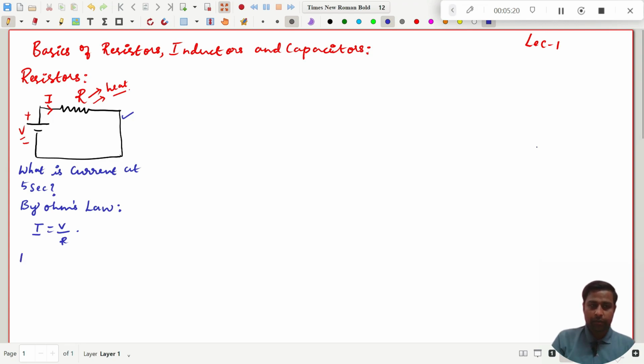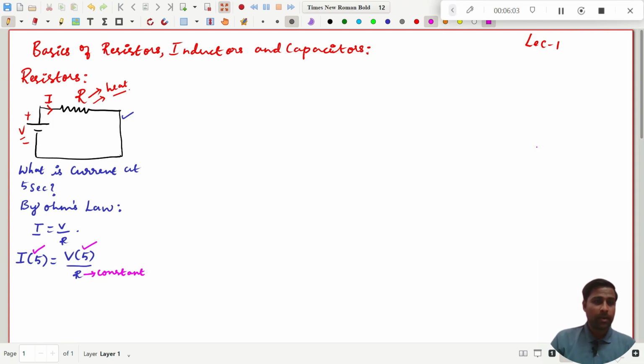Now I need to find the current at 5 seconds. I am writing the formula here: V at 5 seconds divided by R. This is the formula. And now my question is coming here. To find the current at 5 seconds, I have written the voltage at 5 seconds, divided by R. R is constant, no problem, this is resistance.